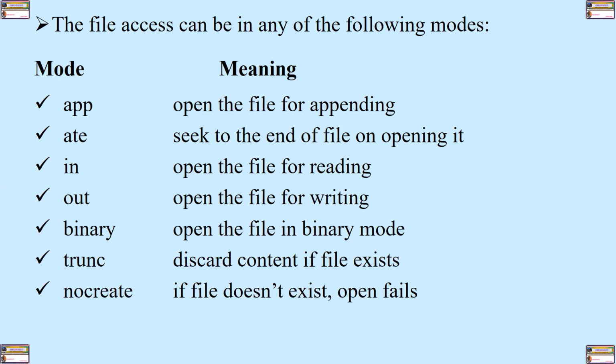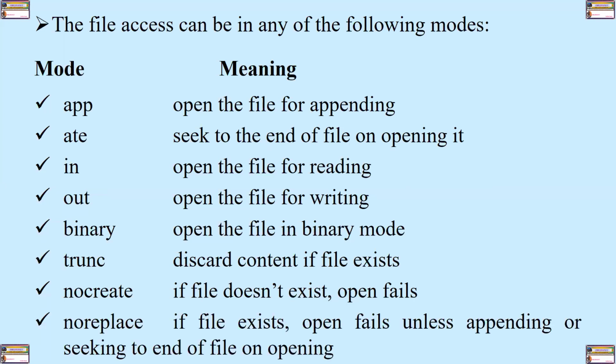The no create mode means that if the file does not exist, then it indicates that opening has failed. The no replace mode means that if the file exists, open fails unless appending or seeking to end of file on opening.